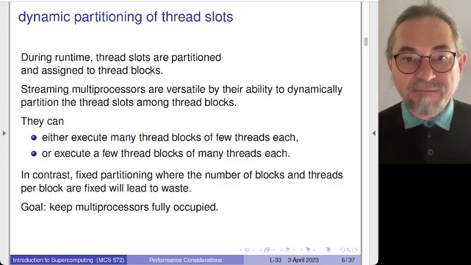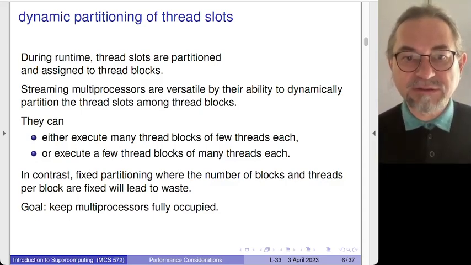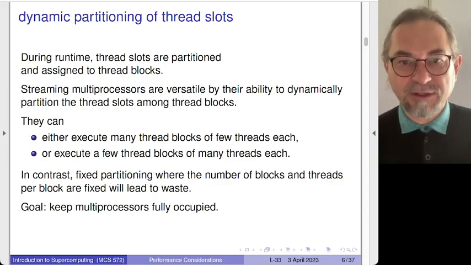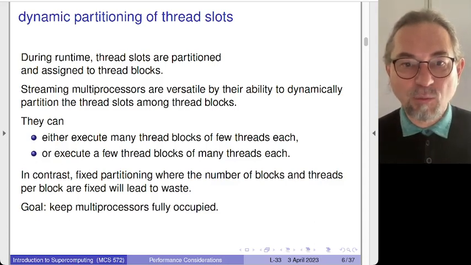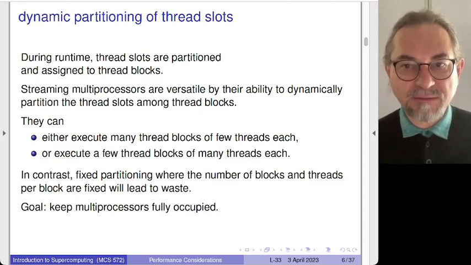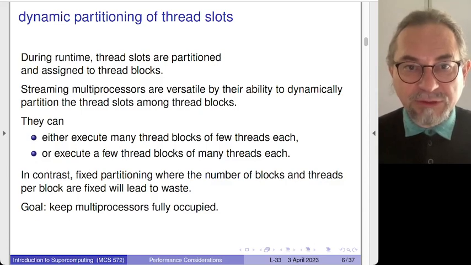So either we have many thread blocks with few threads, or we have few thread blocks of many threads. So you can ask yourself, how should you divide your configuration parameters when you launch your threads. The overall goal is to keep multiprocessors fully occupied.